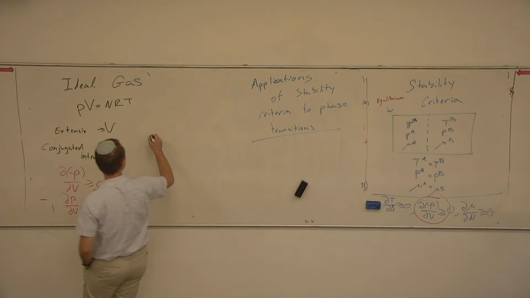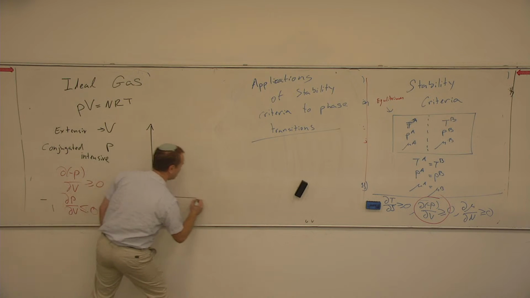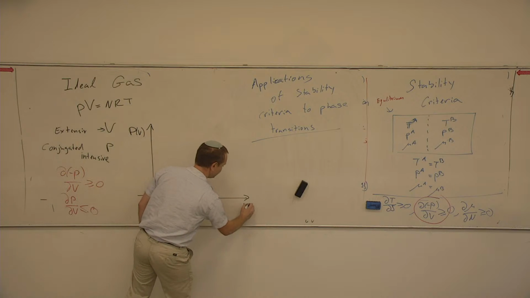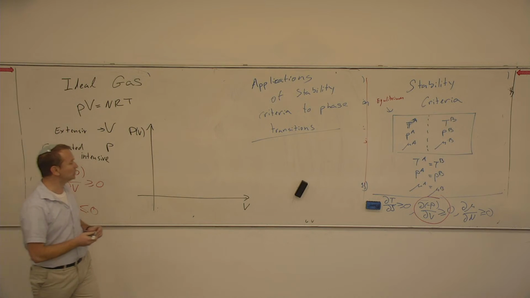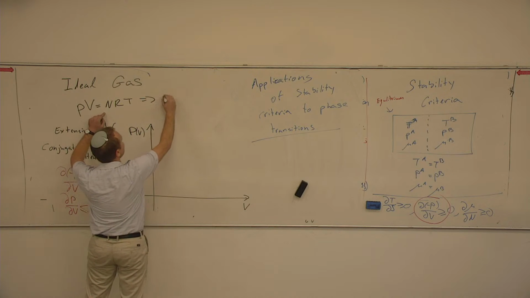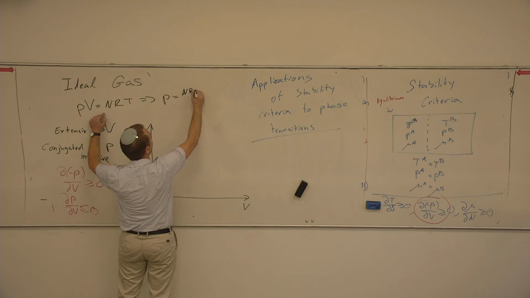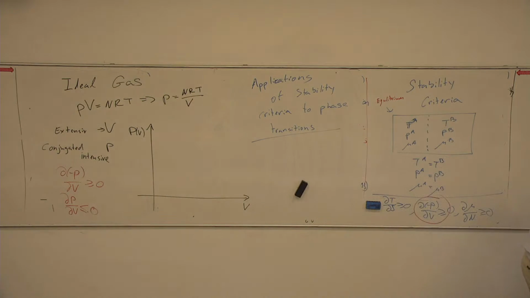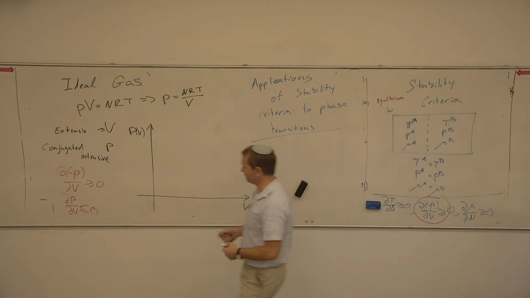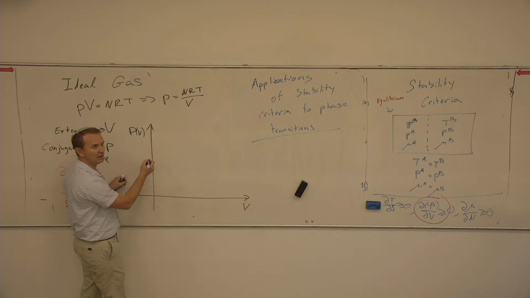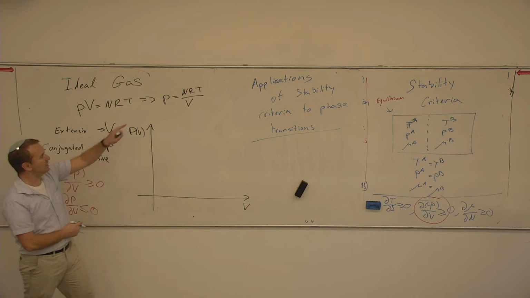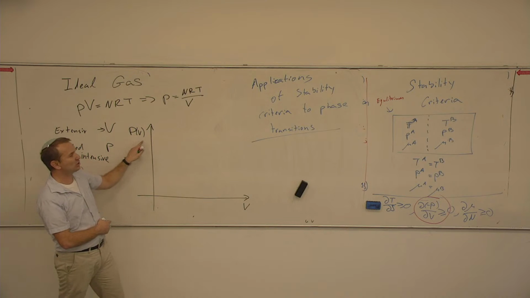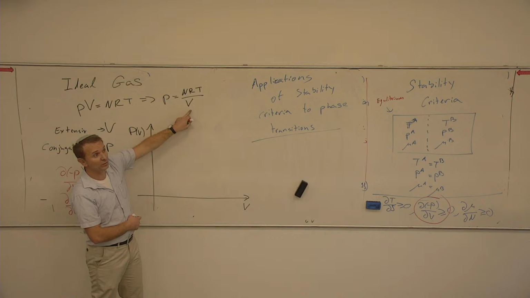So if we plot P as a function of V for different temperatures, how does this look? P equals nRT divided by V. So for different temperatures, we always have a decreasing function. I'm plotting isotherms: I'm setting the temperature constant, and I'm looking at the behavior of the pressure as a function of the volume.